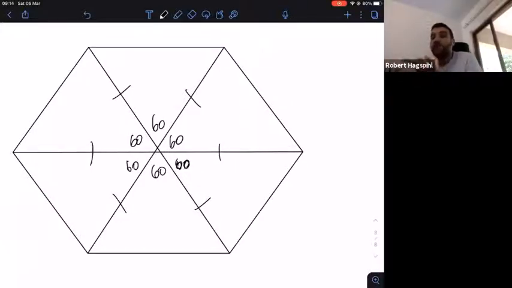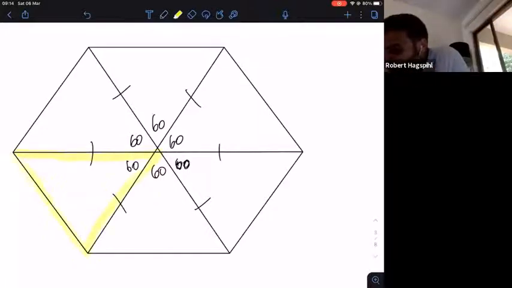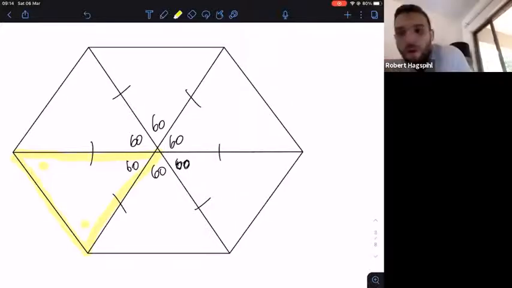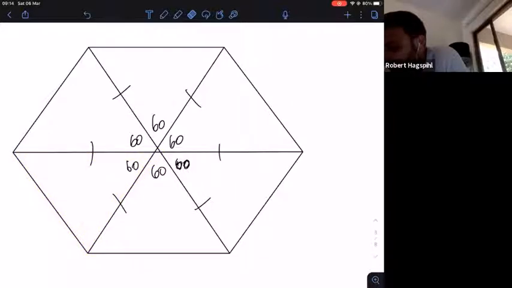All right. If I go further, does everybody see that this is an isosceles triangle and so these two angles are 180 minus 60 divided by 2. And what does that give me? 60, 60, 60, 60. You get the idea that all of these triangles are equilateral triangles.